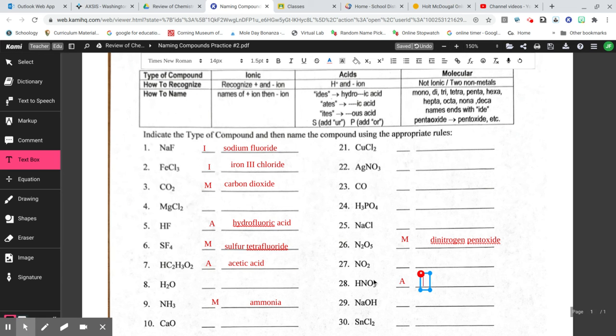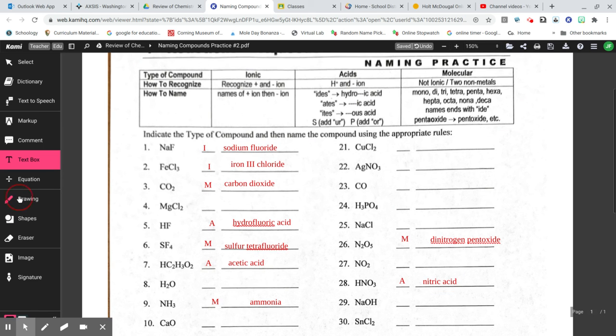The anion names our acid. So NO3 is nitrate. So if it ends in ATE, we change the ATE to IC. So we'll drop the ATE from nitrate, change it to IC, and add acid.